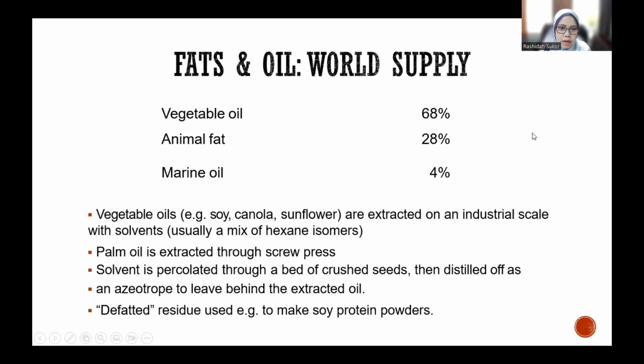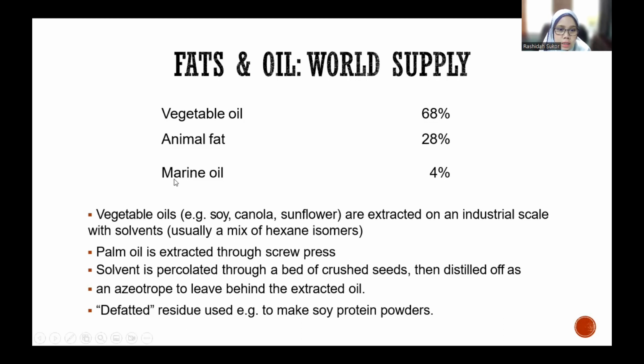And animal fat, used in certain types of food products, is about 28%, and marine oil, where is that from? Marine oil is from fish oil, which is mostly used as a supplement. Why? Because marine oil is not so much used in food products, because one, it is very expensive, as you have to extract the oil from the fish.